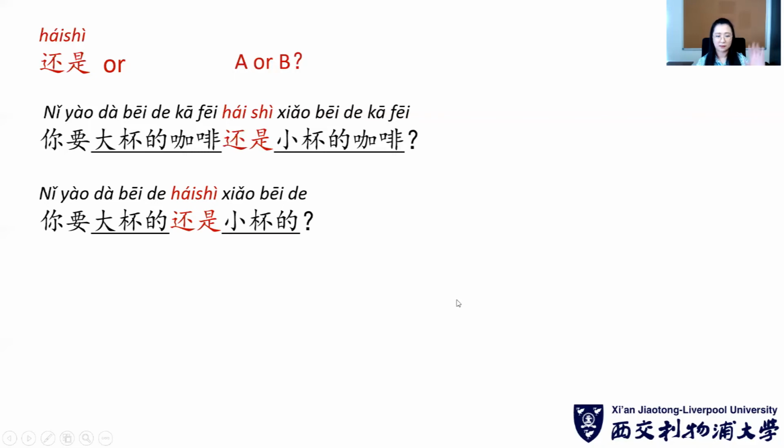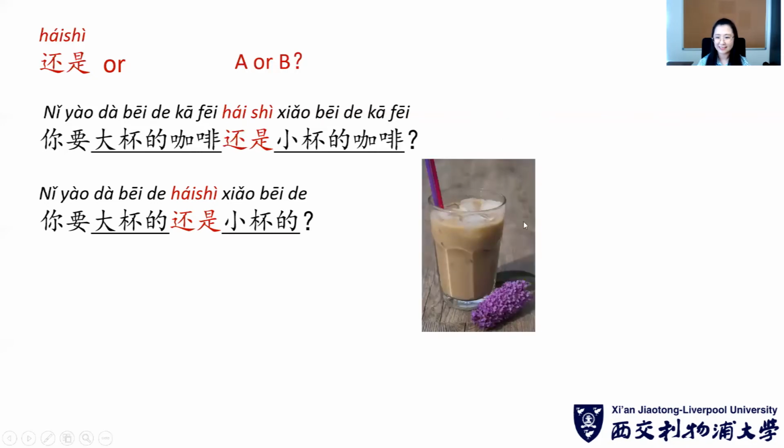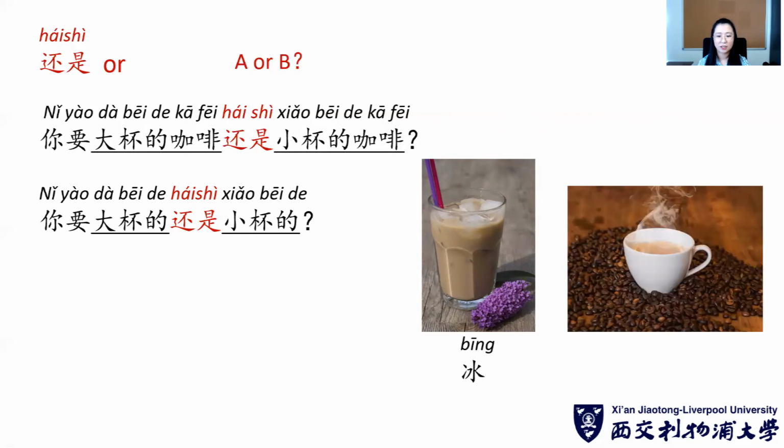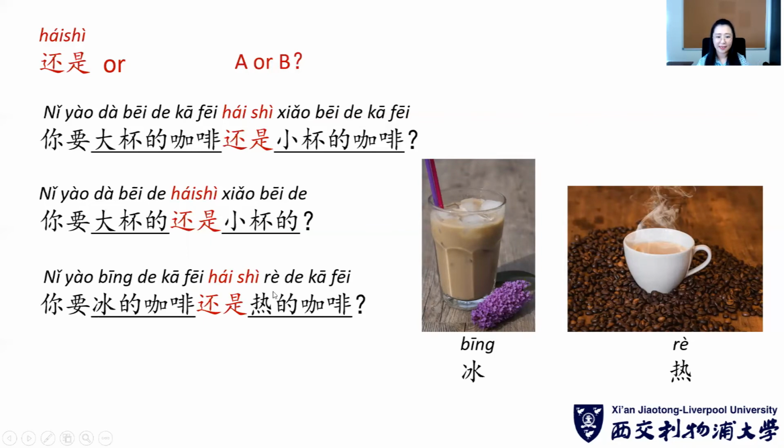Except for the size of drinks, another very important thing is whether you want an iced or a hot one. To say iced, 冰, and hot, 热. So if the seller asks, do you want iced coffee or hot coffee? How to say that? 你要冰的咖啡还是热的咖啡?